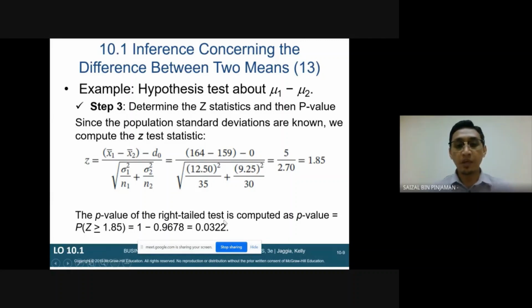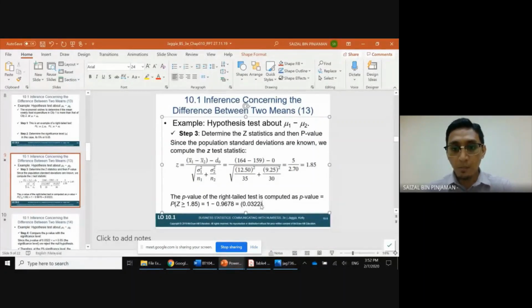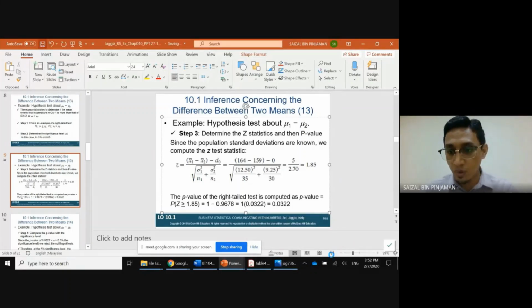So remember, when you are conducting a one-tailed test, multiply this remaining probability by 1. But when you're conducting a two-tailed test, multiply it by 2. Since based on the example that we have over here, we are conducting a one-tailed test, we are going to multiply this remaining probability by 1.